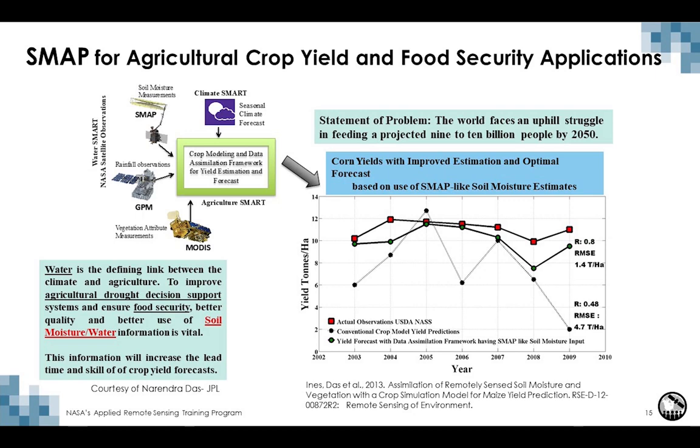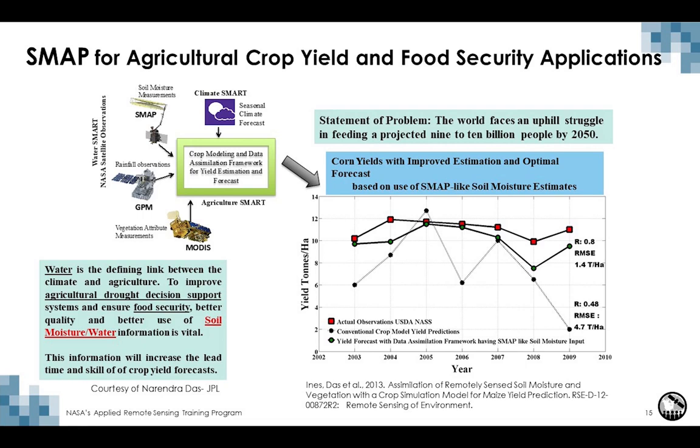And the red squares are actual observations of yields throughout these different years. The black circles are conventional crop modeled yield predictions, and then the green circles are yield forecasts in a data assimilation framework using SMAP soil moisture as an input.